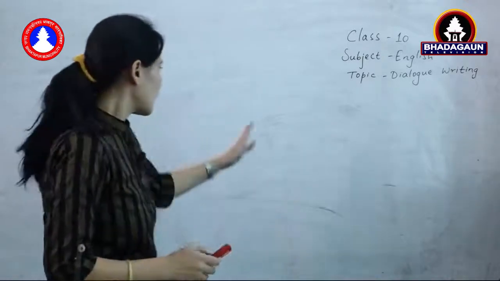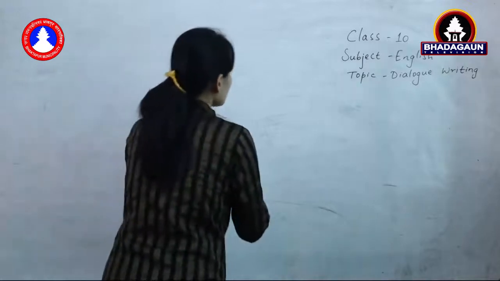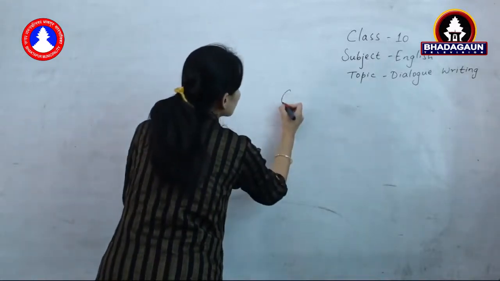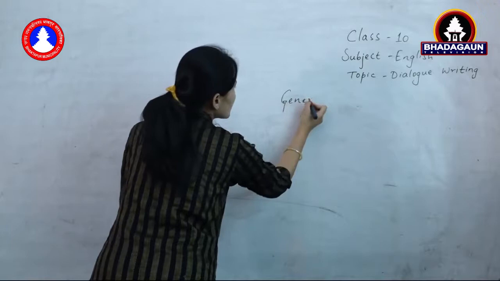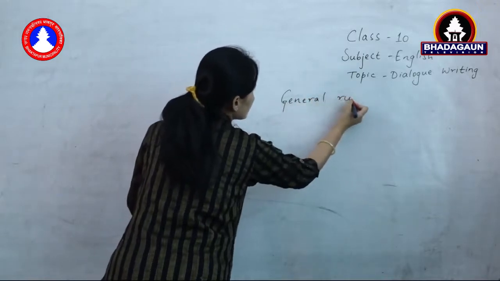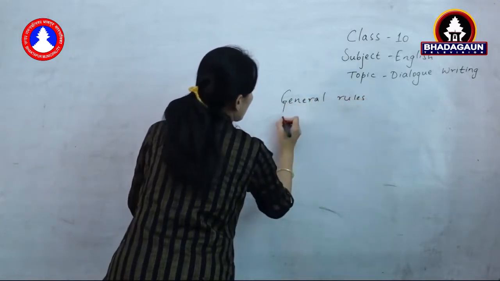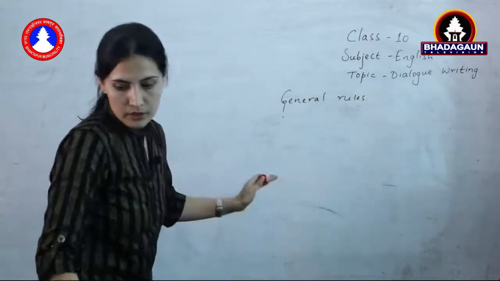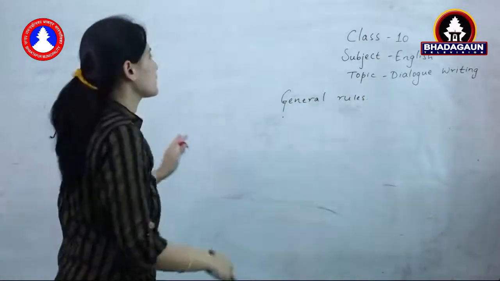I'll write some of them here. I'm first of all talking about general rules. Number 1 is simple English.